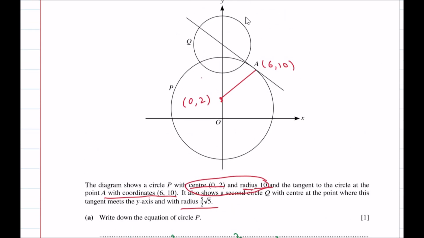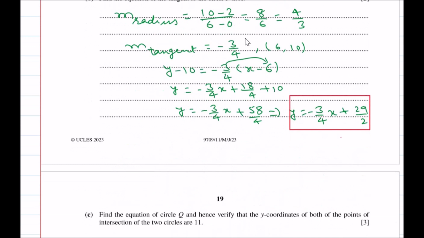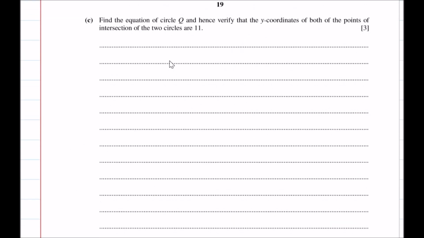Okay, so this is the center actually of this one, circle Q. Okay, so in the tangent equation, we just put x equal to 0 and we can find the y coordinate, right? That will be giving us the center. So let us put x equal to 0. Let us write the equation first. So y equal to, we just got here in the previous part, minus 3 by 4x plus 29 by 2.